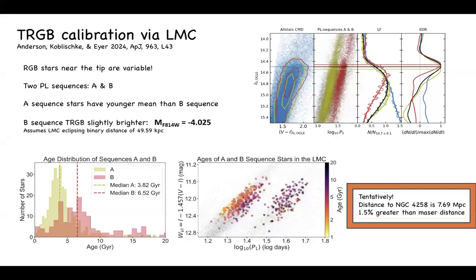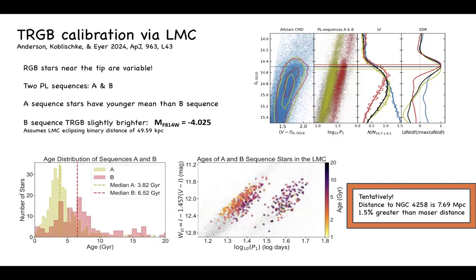Now, this is a bit of information that came to me relatively recently. Richard Anderson is the lead author on this, and this is using OGLE observations of variable stars in the LMC.